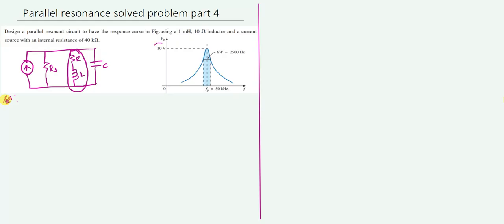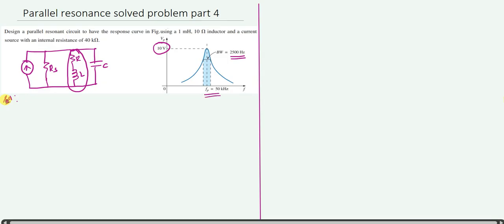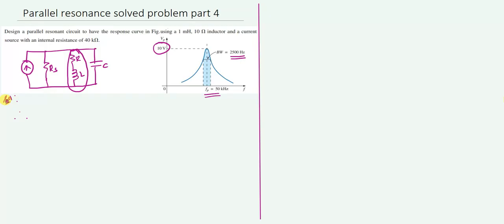Here the peak voltage is equal to 10 volt, the bandwidth is equal to 2500 hertz, and my parallel resonance frequency is equal to 50 kilohertz. From that we know the formula: bandwidth is equal to fp divided by Qp.